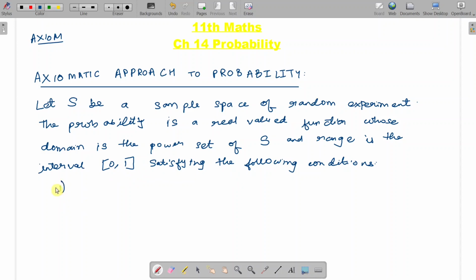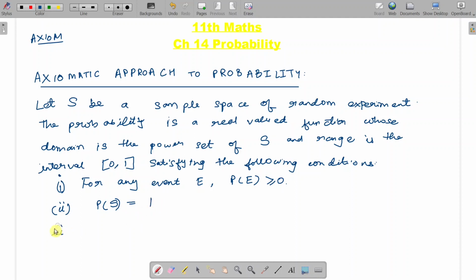So let us look at the conditions. First, for any event E, probability of E is greater than or equal to 0. Second, the probability of the whole sample space is 1.